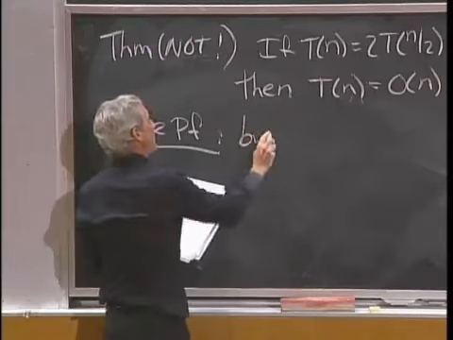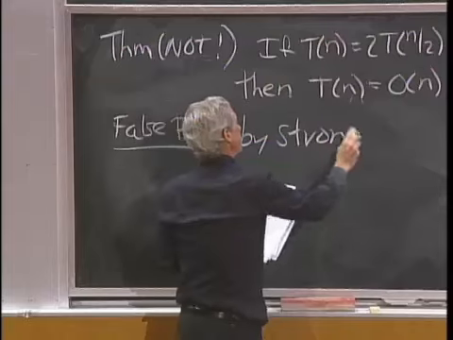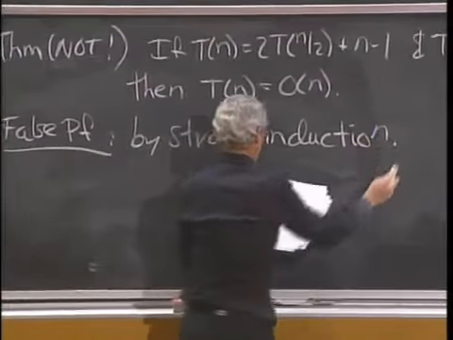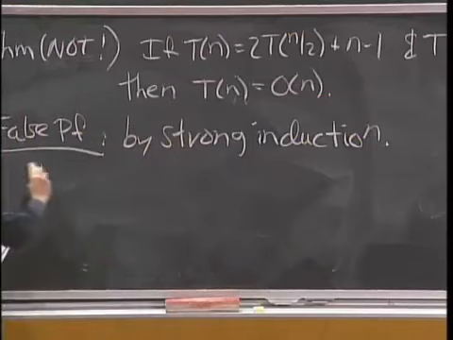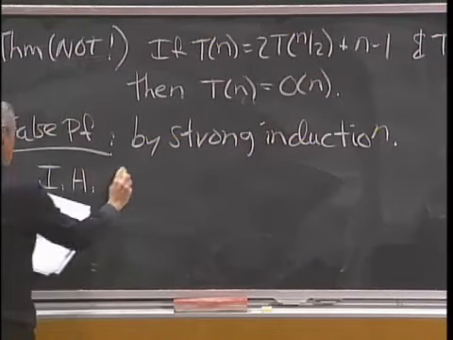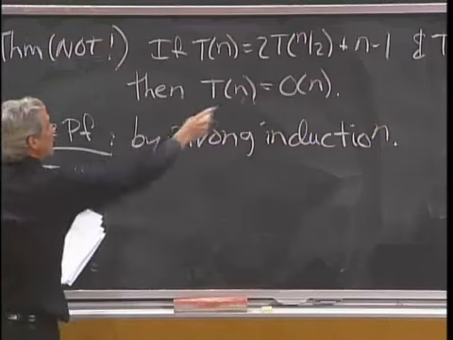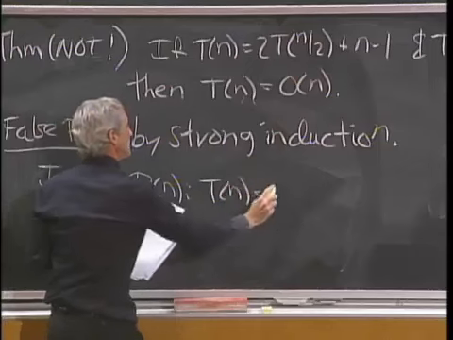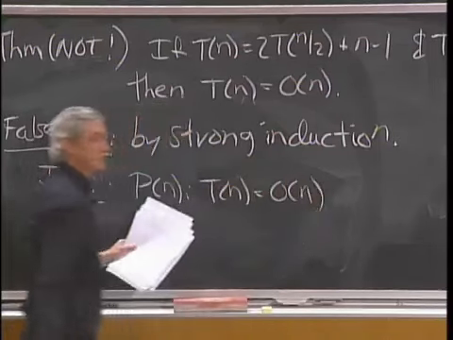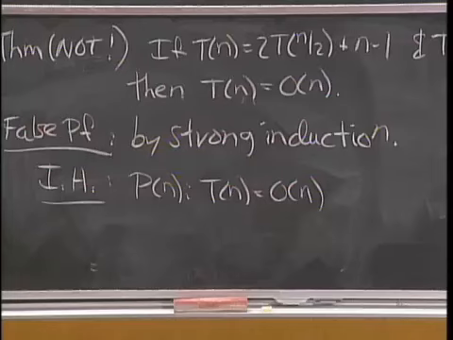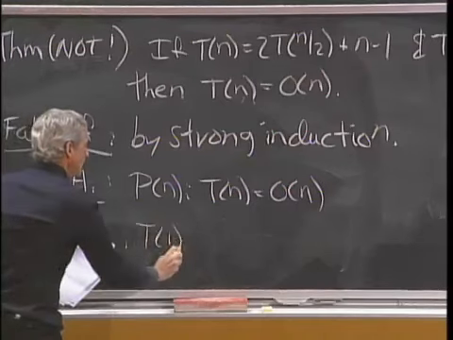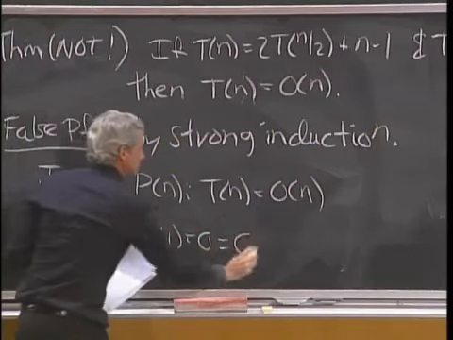By strong induction. The induction hypothesis is going to be what we're trying to prove. Base case, n equals 1. T of 1 is 0. 0 is surely O of 1.